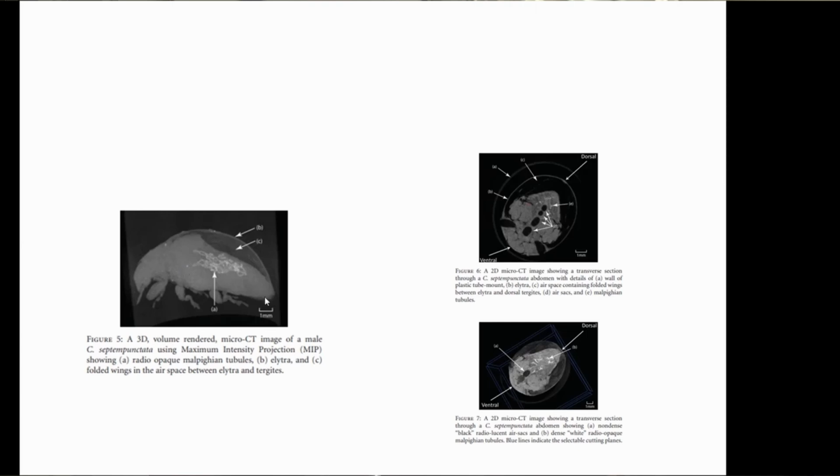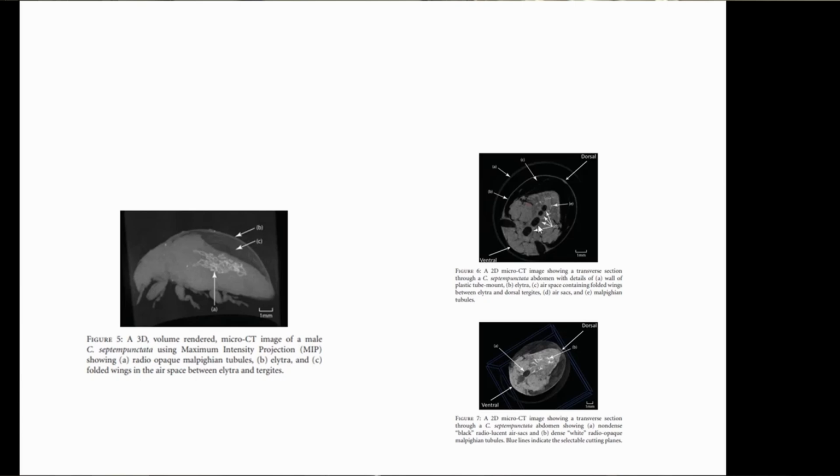The ladybirds are of course a part of the beetle family, and their forewings, their elytra, conceal their back wings. So this area is air-filled, and I want you to notice these very white and therefore high attenuation structures, and if one cuts across transversely, one can see again these high attenuation lesions.